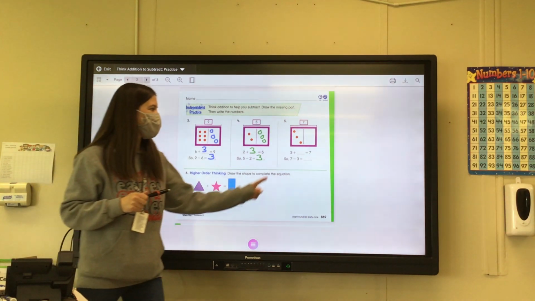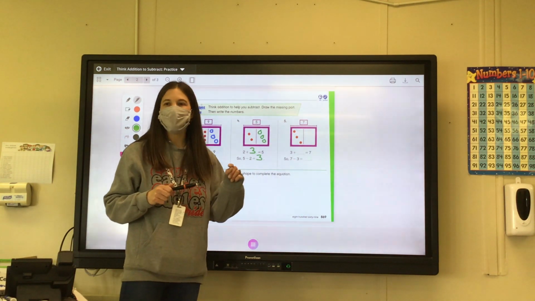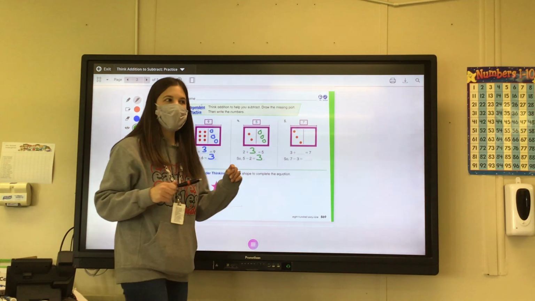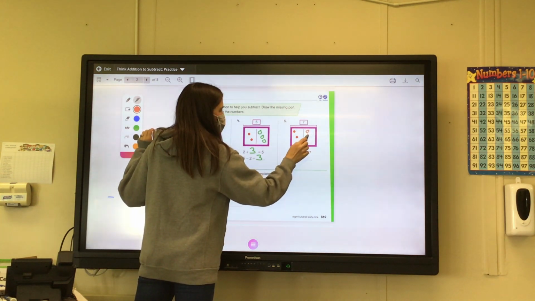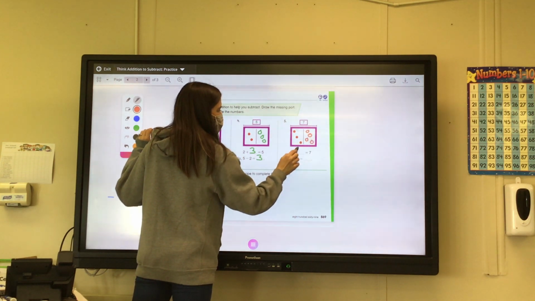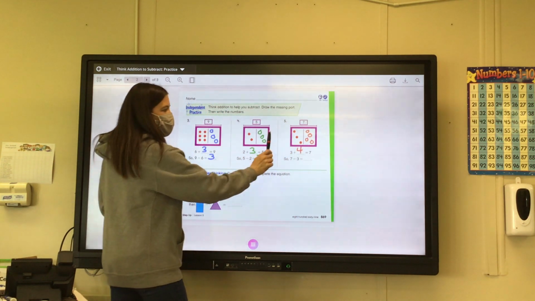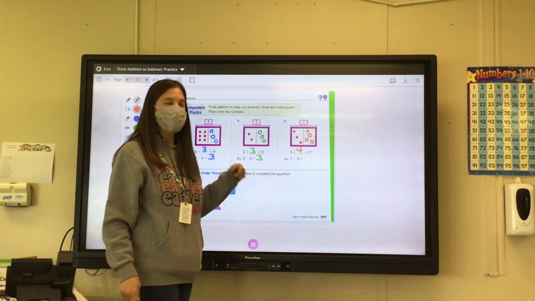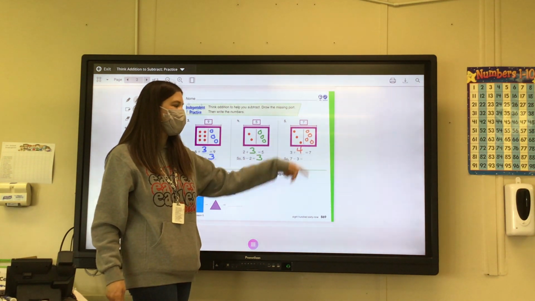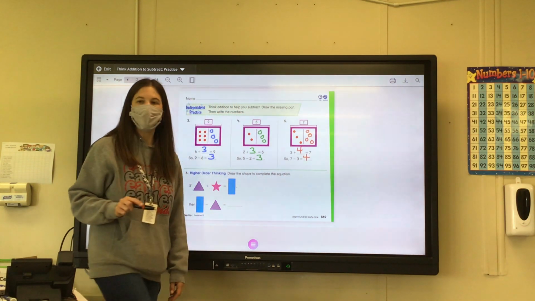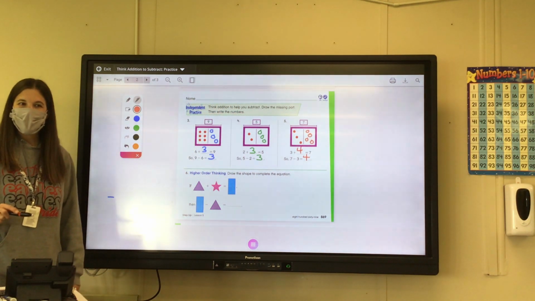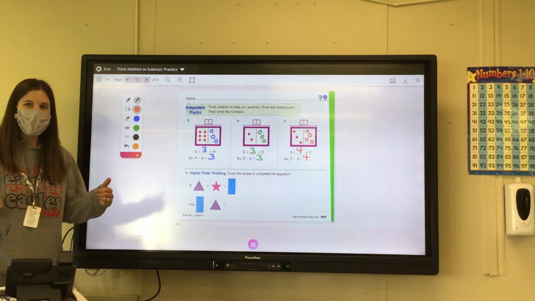Okay, so let's try it together. 3 plus what equals 7? 4. Everyone? 4. So if I draw in 4 counters, the whole minus 1 part equals the other part, 7 minus 3 equals 4. Got it? Thumbs up? Awesome.